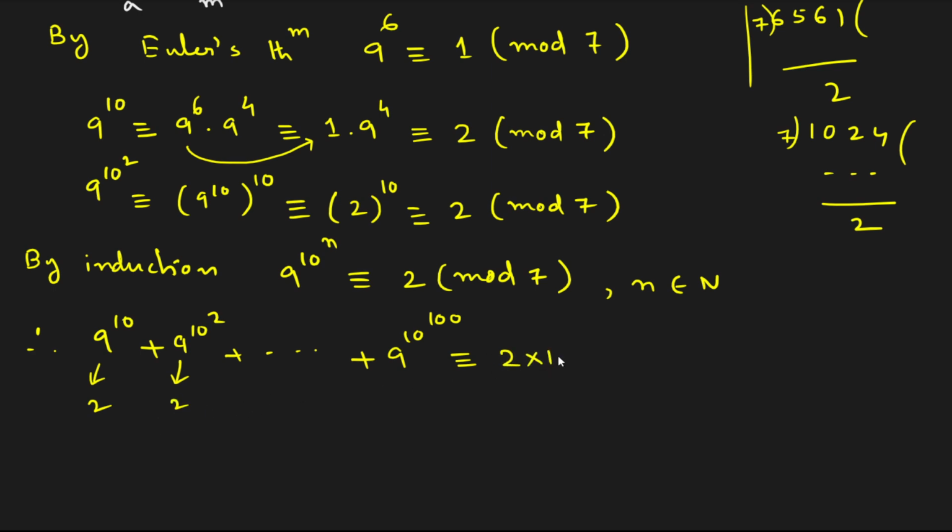So how many 2s will come? 100 will come. So this is 200. If we divide 200 by 7, you will get 4 as the remainder, modulo 7. Okay, so this is the remainder. When you divide this whole series by 7, we will get 4 as the remainder. So 4 is the answer.